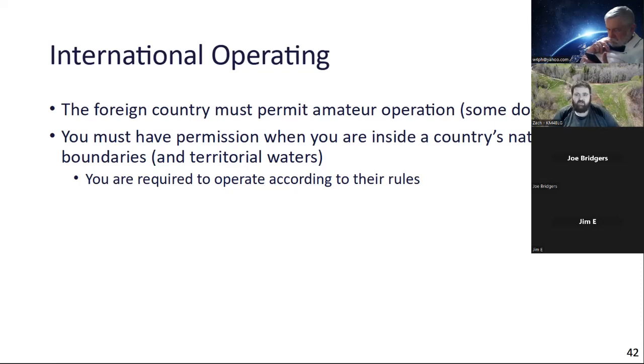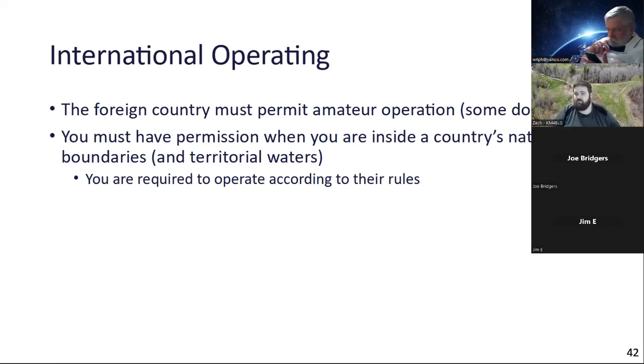The process is a little bit different for each country, but a lot of countries will recognize other countries' license exams as being proof that you're competent and can get a license. Like, you don't have to retest when you go over there. The fact you have an amateur radio license somewhere else is good enough in a lot of countries. But like I said, it is different in every place.